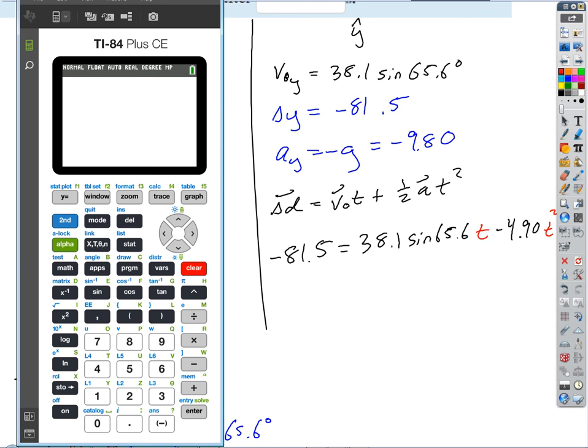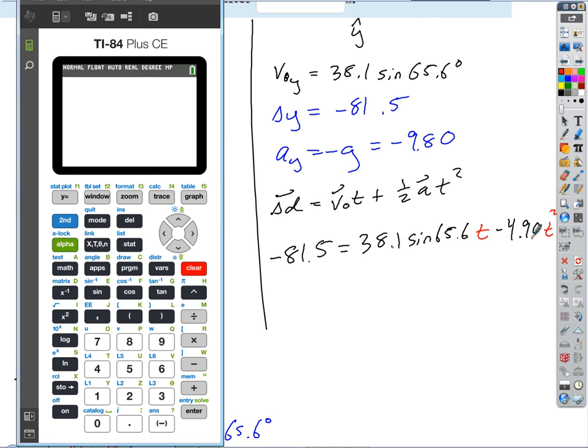And graph that and graph that and see where they cross, something like that. Are you guys familiar with that little trick? If I ever want to use a graphing calculator to solve something like this, I could just let y1 equal this side and y2 equal that side, and then see when they cross. Or the other thing I could even do is I could just put this into standard form and graph the zeros. Okay, that works also.